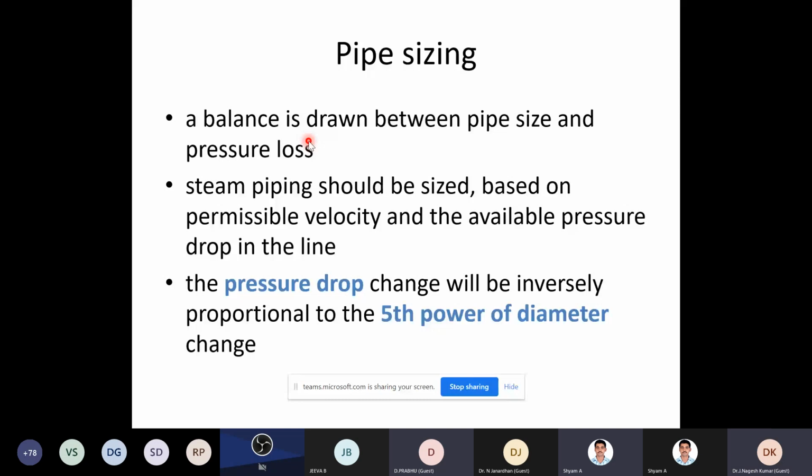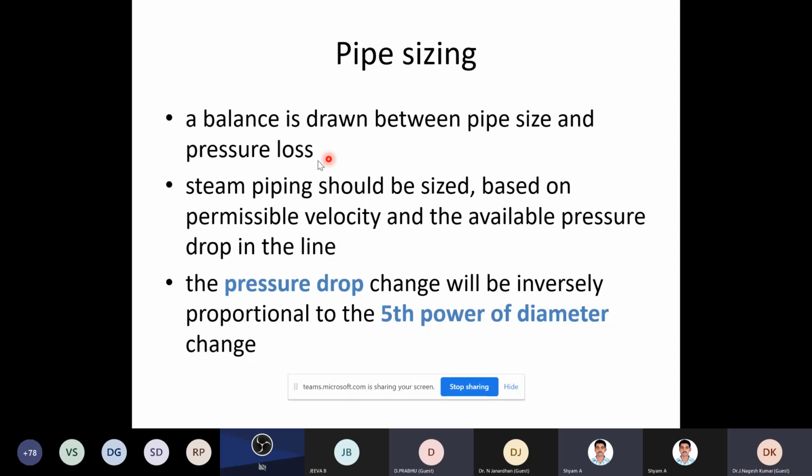But that particular user wants 7 bar, which means you have to raise the boiler pressure from 7 to 8. So you keep 8 bar in the boiler, then the final user will get 7 bar, what he wants. Now this pressure drop, could it be 1 bar or 0.5 bar, depends on the pipe size. So the pipe size determines the pressure loss.